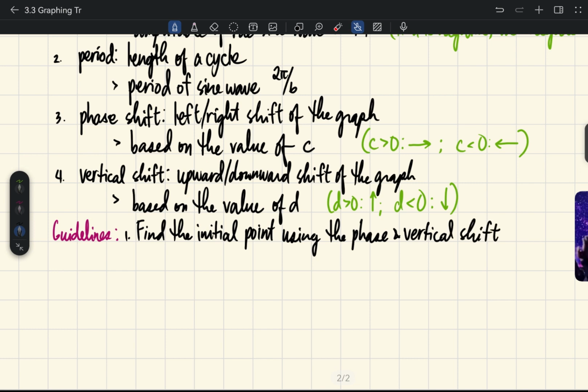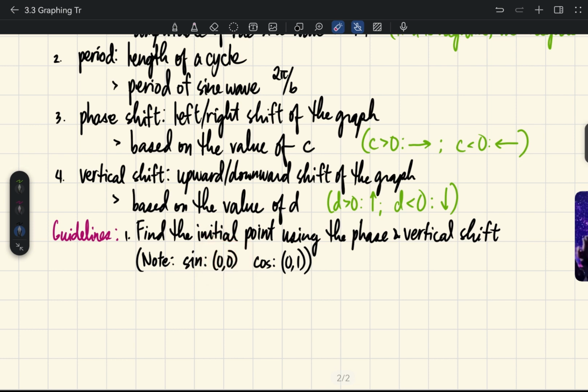So take note that if you have a sine function, we are starting with the origin 0, 0, and if you have cosine, we start with 0, 1. So using this phase shift, we will determine where the original initial point goes.